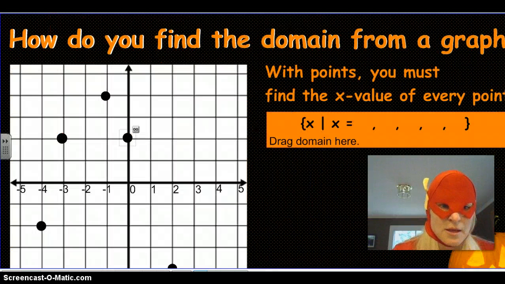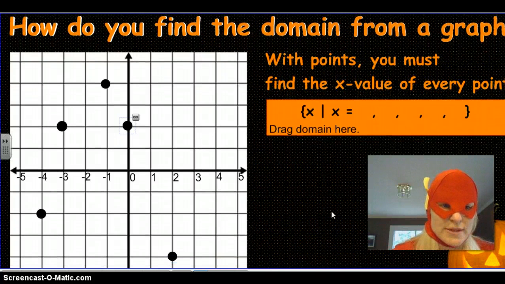Okay? So if we look at this example, now we have a coordinate plane with the points here. And it says, what are the x values of every point? Drag the domain here. So if I look over here, you can say that this value right here is 0, 2 is that point.